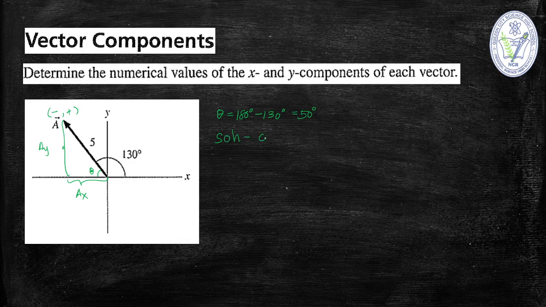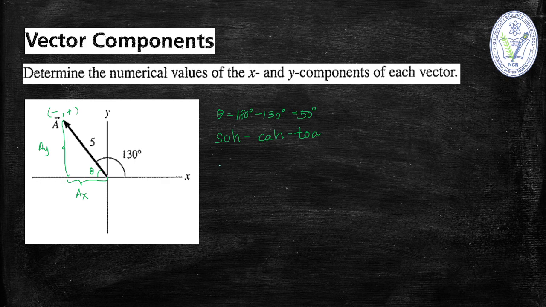We would use SOHCAHTOA. So if we want to find the x component, the x component can easily be obtained by using the cosine relationship.